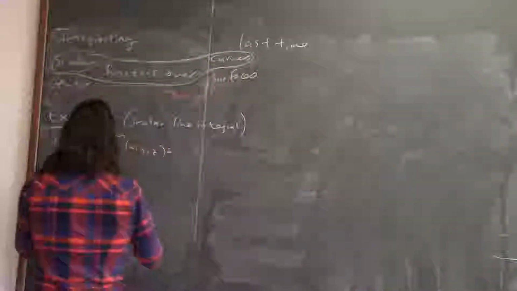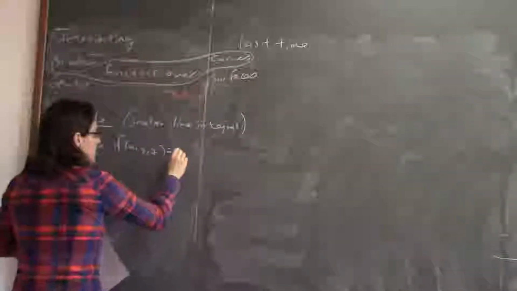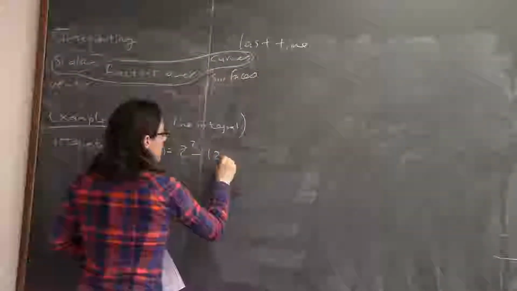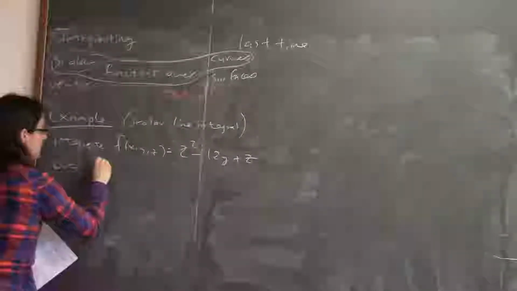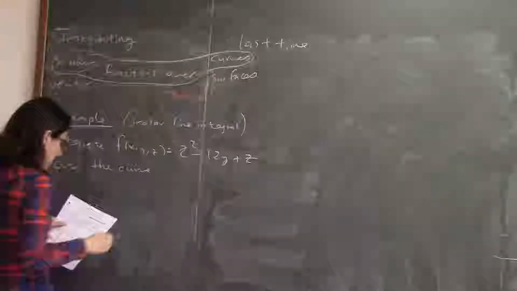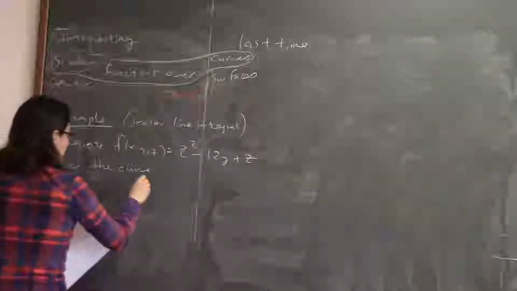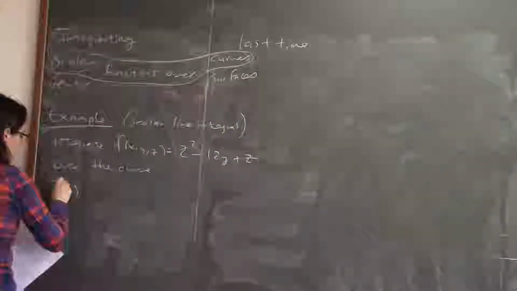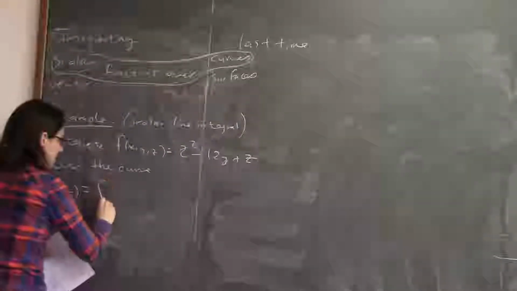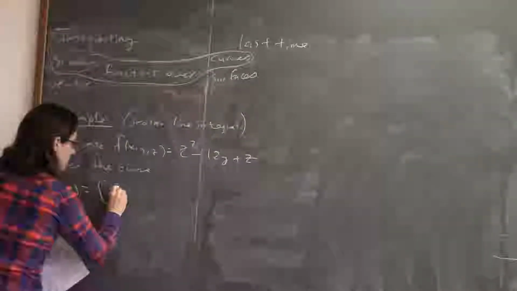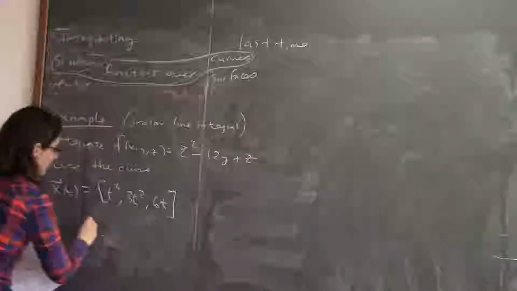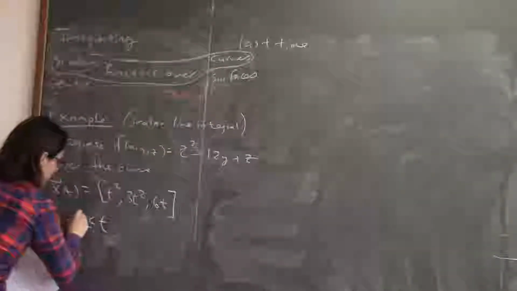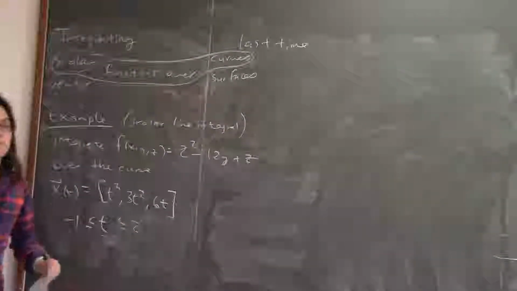Perhaps a good function might be z squared minus 12y plus z over the curve defined by x of t, that's a vector, is t cubed, 3t squared, comma 6t, where t goes from -1 to 2.